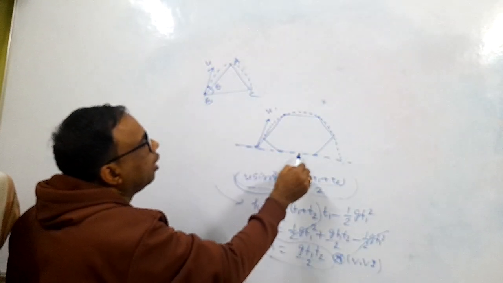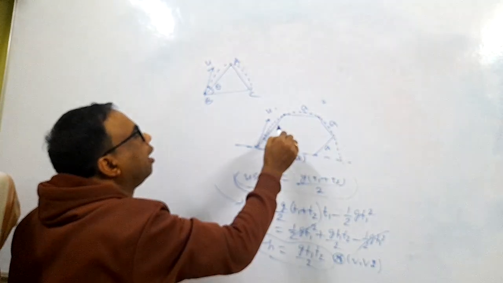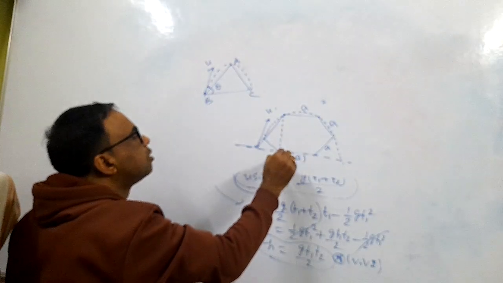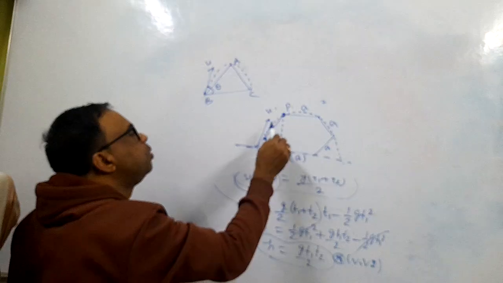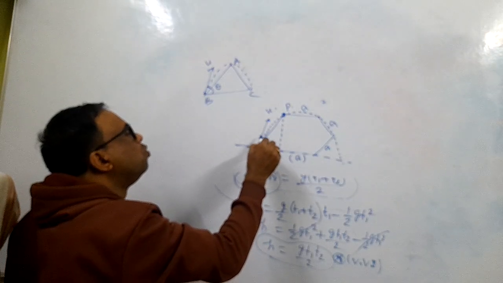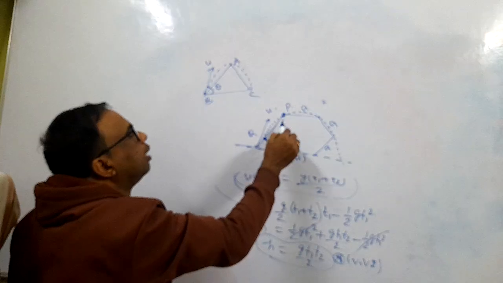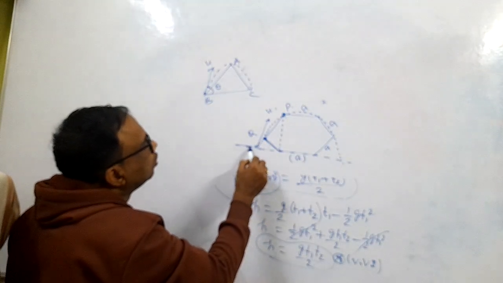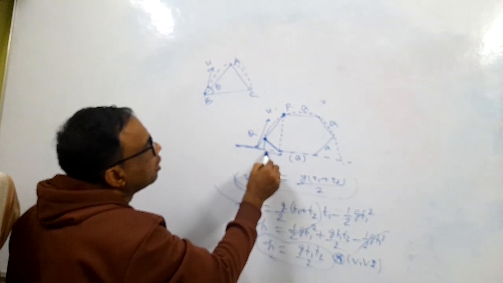Very interesting. If the side length is A, all the angles are 120 degrees. Suppose this point is P and this point is Q. You can find the coordinates of P and Q, with this as the Y axis and this as the X axis.